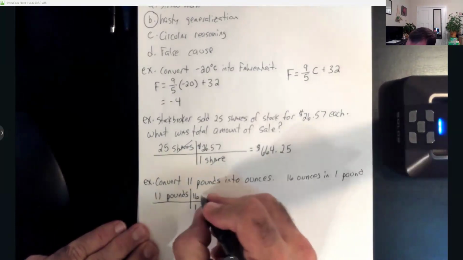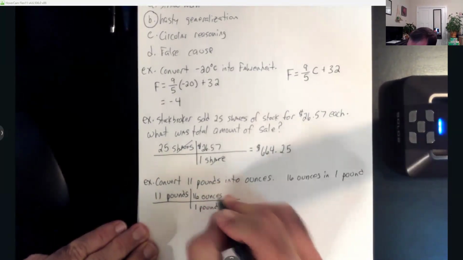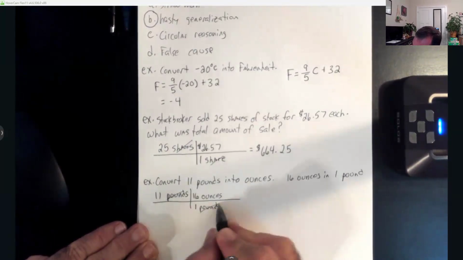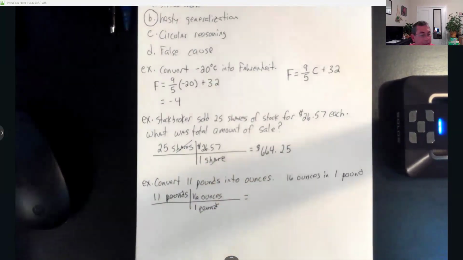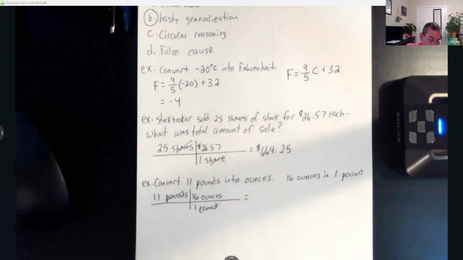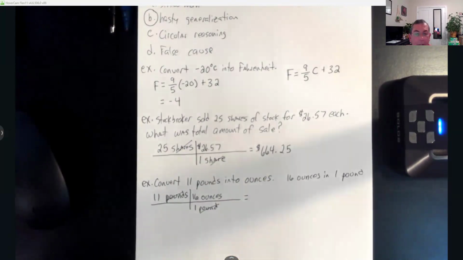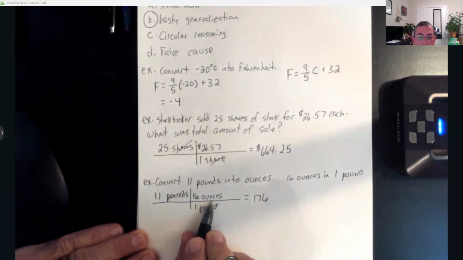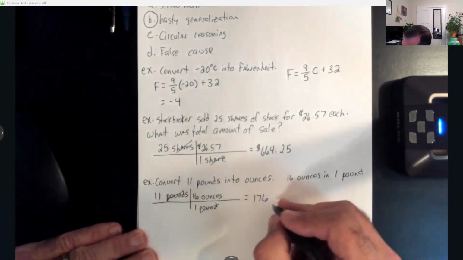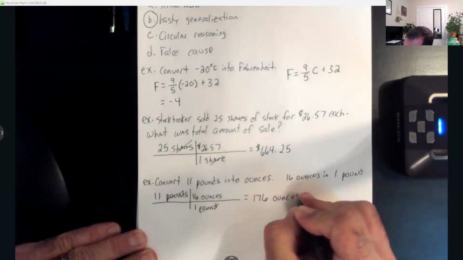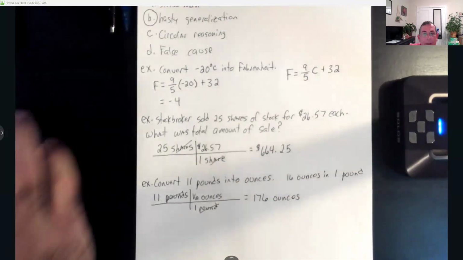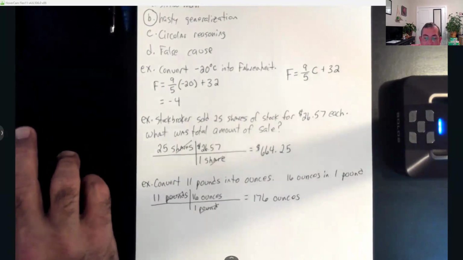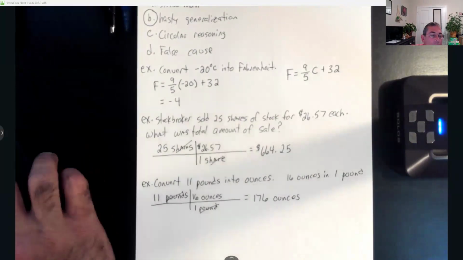And then that was 16 ounces. So y'all notice the pounds cancel. So basically all we got to do is multiply 11 times 16, and that's going to give us 176. And the only units we got left are the ounces. Hey, also, that's a trick on them, just seeing what they want you to convert them to and then using your conversions.